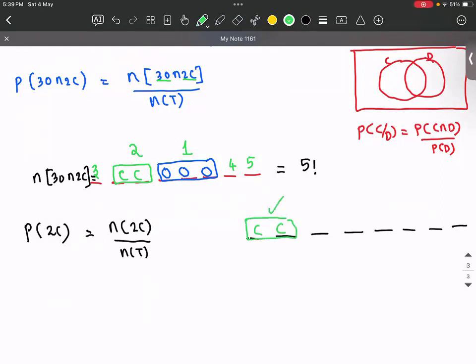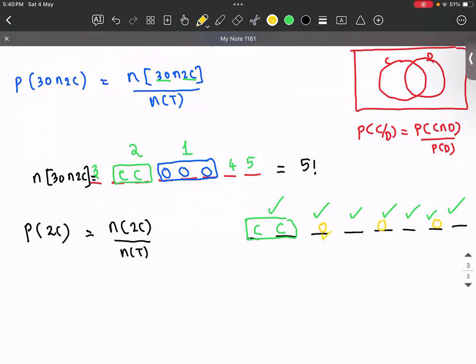So we have 7 letters in this arrangement, because 2C we are considering as a single unit. And out of these, we have 3 O's.